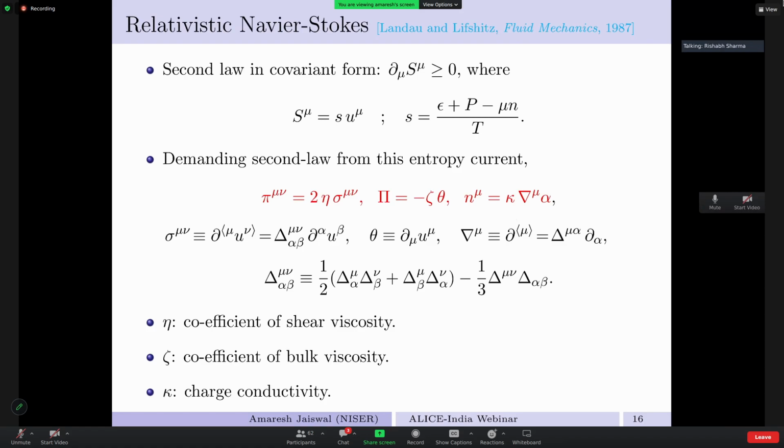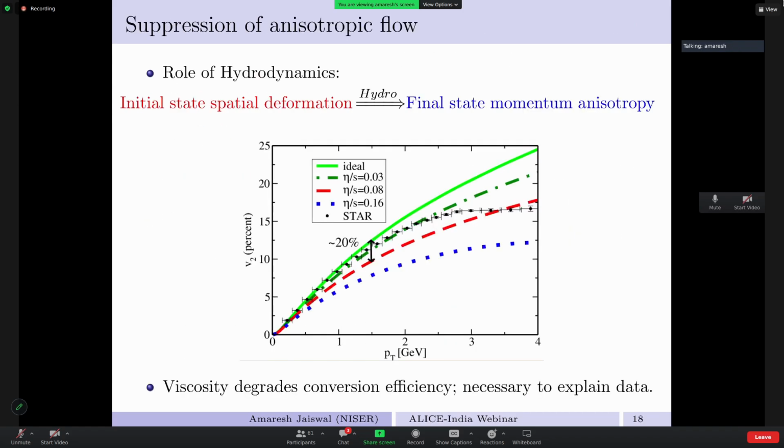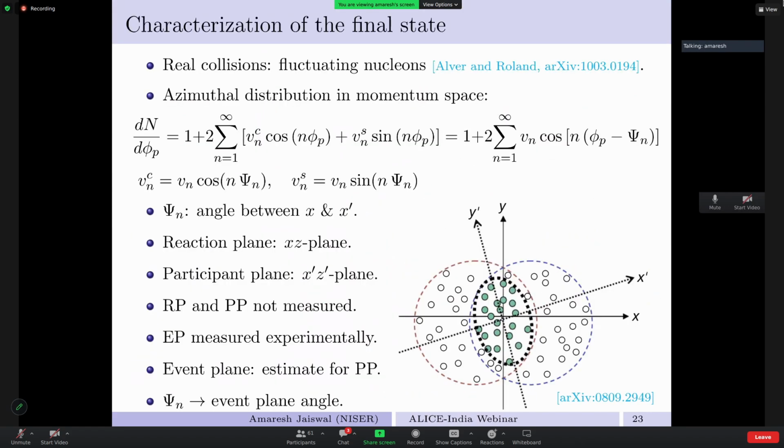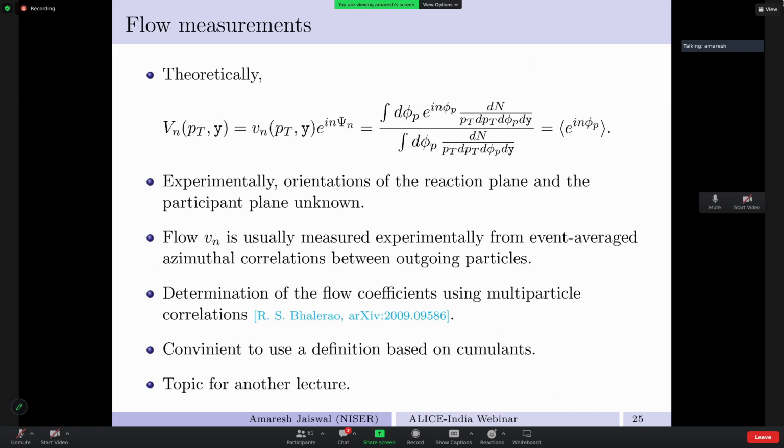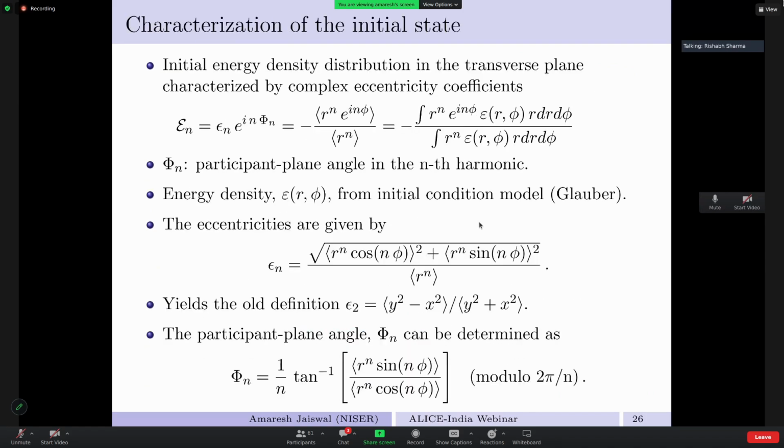Thank you. I wanted to understand how this collision centrality affects the higher order eccentricities that you spoke about towards the end of your talk. Yeah, this one. Of course, to get this energy density from a Glauber model, the Glauber model requires you to give an impact parameter. Theoretically, it's a very well-defined thing.